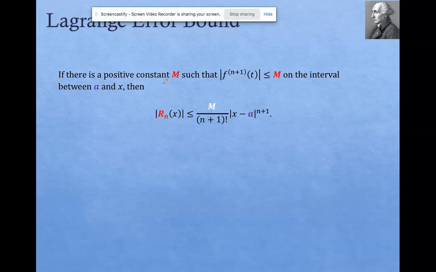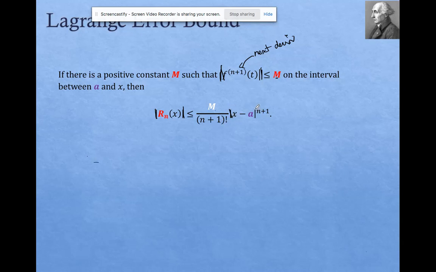If there is a positive constant M such that the absolute value of the next derivative, I don't know why I used t there and not x, is less than or equal to some number, then it will be true that your remainder term, which is the sum of all of the terms after you truncated, is guaranteed to be less than or equal to some numerator over n plus 1 factorial.